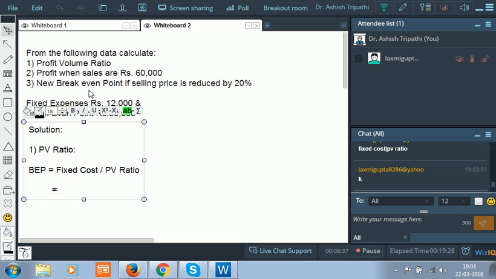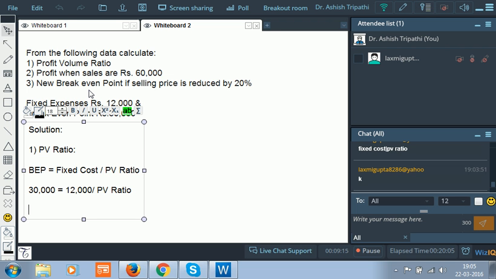So this is the formula that we have for break-even point. This is the equation that we have. The amount of break-even point is already given. So we can take 30,000 is equal to fixed cost. Fixed cost is already given in the question. 12,000 divided by PV ratio. We don't have PV ratio, so we are going to calculate PV ratio with the help of this equation.